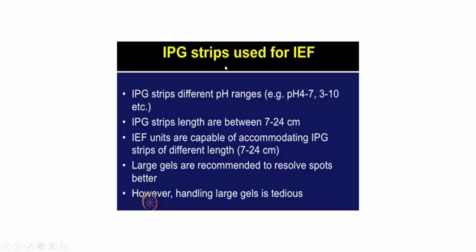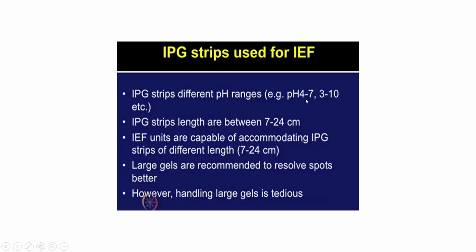Those strips come in different pH ranges. Depending on your protein of interest, you can use the specific IPG strips accordingly. If you know that your protein has a PI of around 6 or around 5, then you can use this pH range.